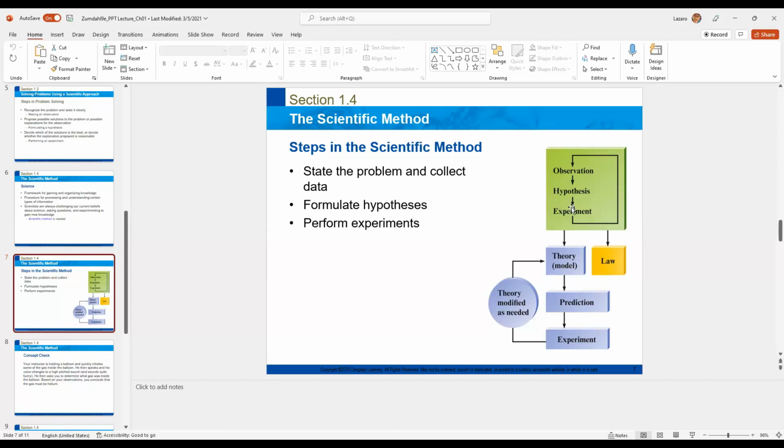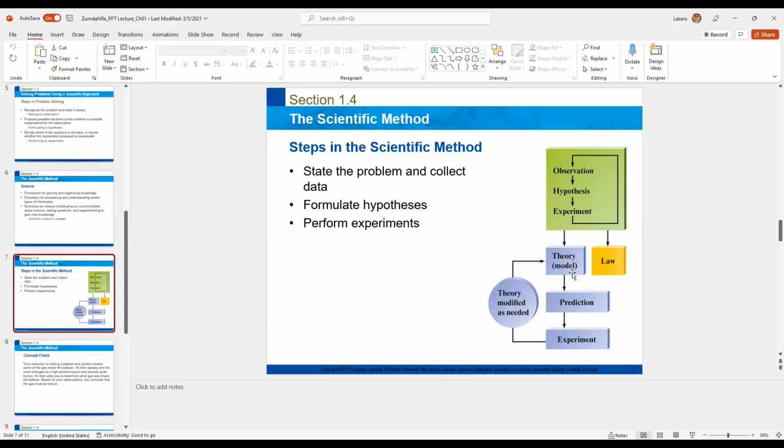If it is false, you have to redo the hypothesis. But if it is true, then you can make what we call a law. A law is a simple statement that explains a phenomenon. For example, you can say that force is equal to mass times acceleration. That's a law, and it's very simple. A law can be expressed by a formula.